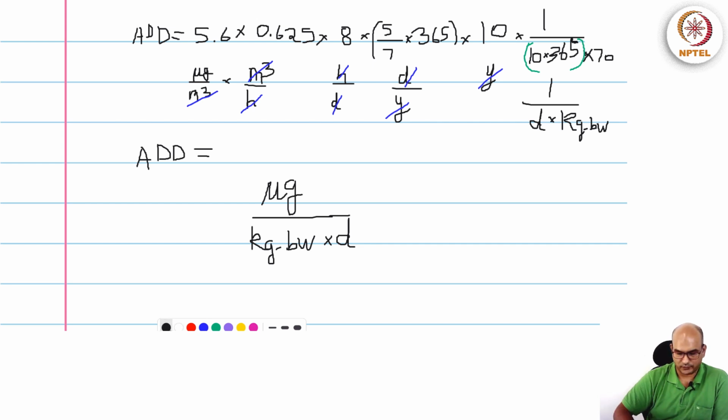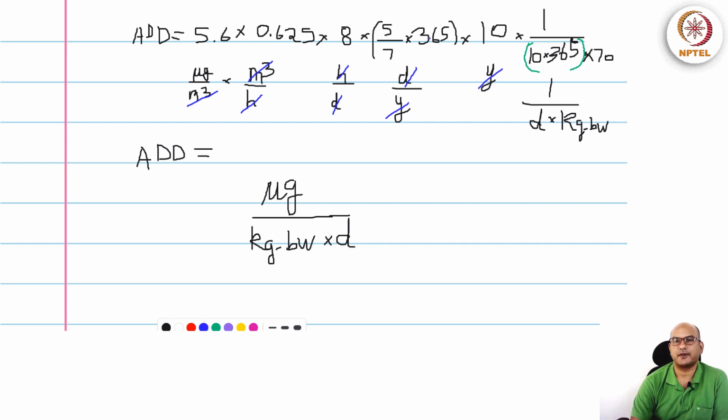And what is going to be the value? Let us quickly calculate this value also. 5.6 into 0.625 multiplied by 8 multiplied by 5 divided by 7 multiplied by 365 times 10, divided by 365 by 10, divided by 70.